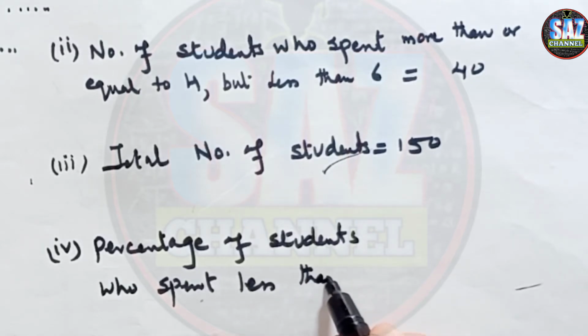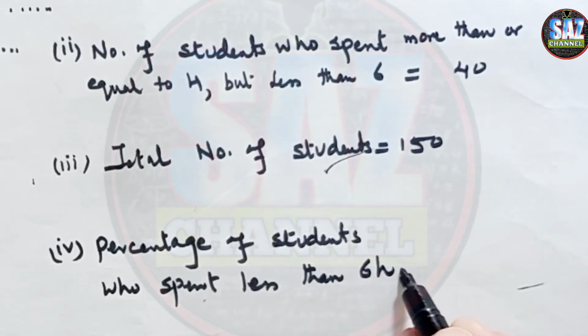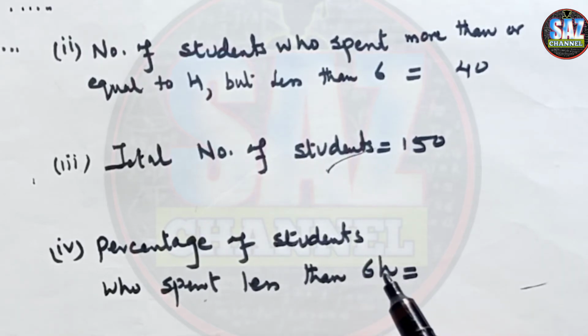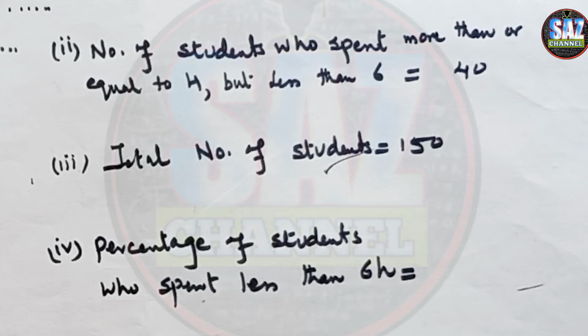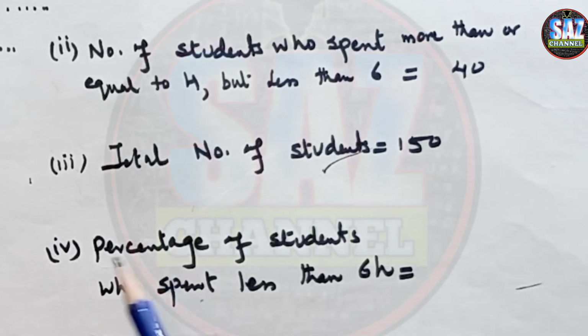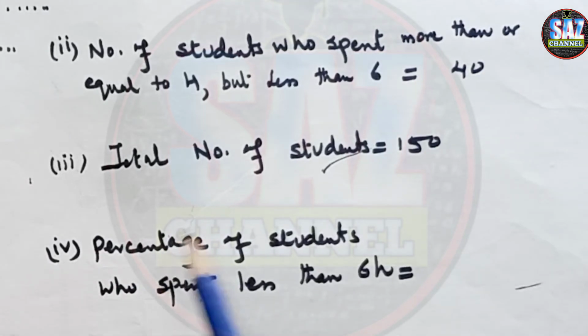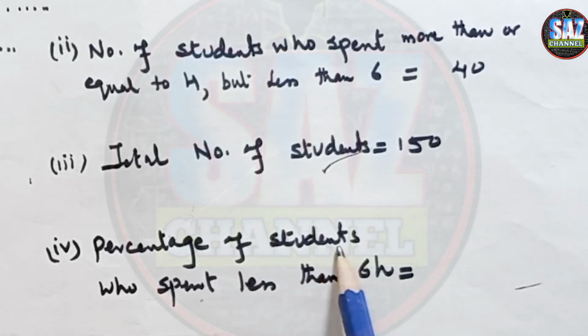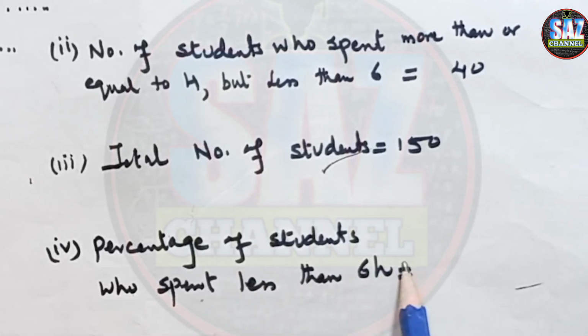Now there are two things that we have to understand: we have to find the percentage of what, the percentage of those students who are spending less than 6 hours.